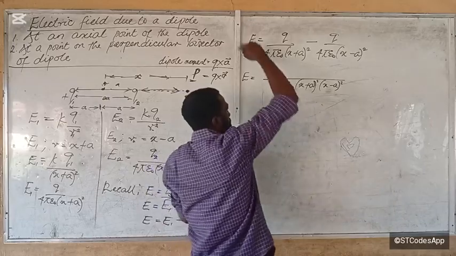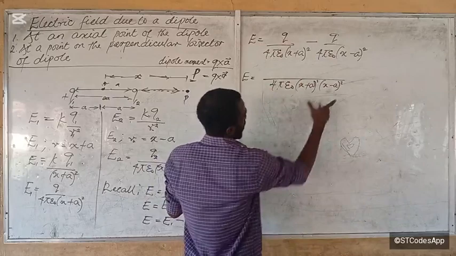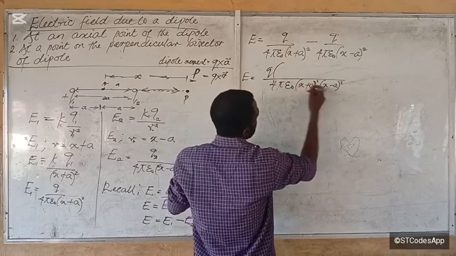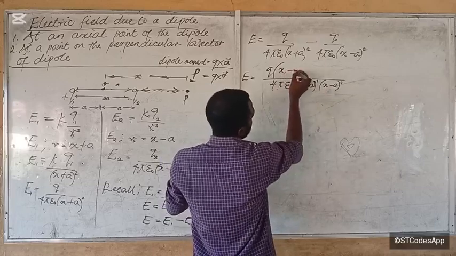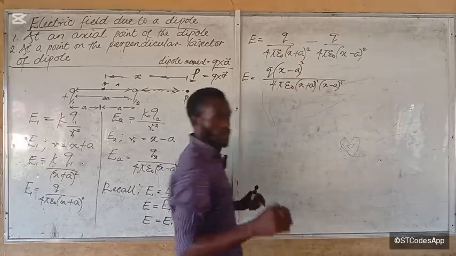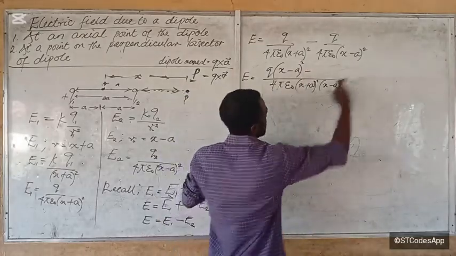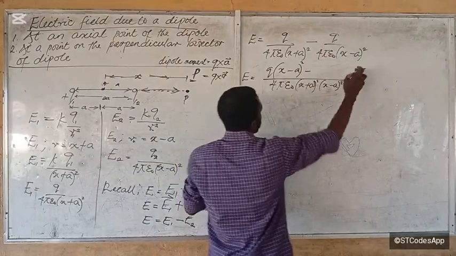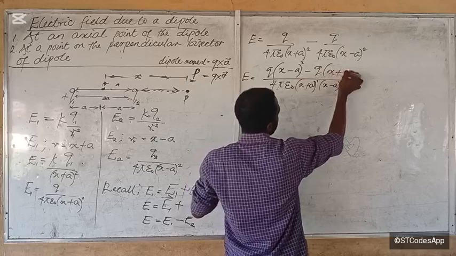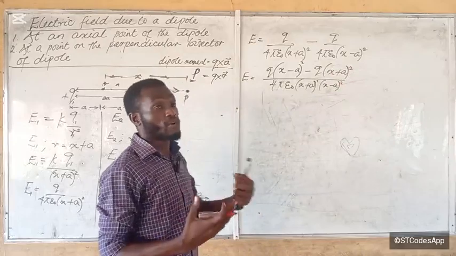If you multiply this LCD by this term, you're left with Q multiplying x minus a all squared. Then minus, multiplying the other term by this denominator, we have Q into bracket x plus a all squared. I hope you're following me.